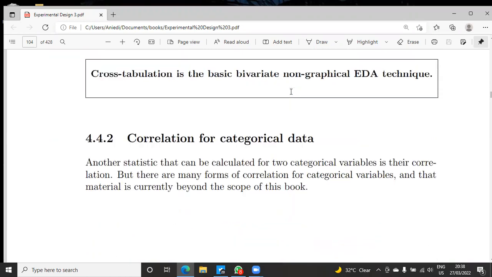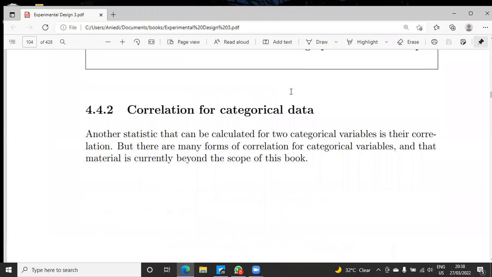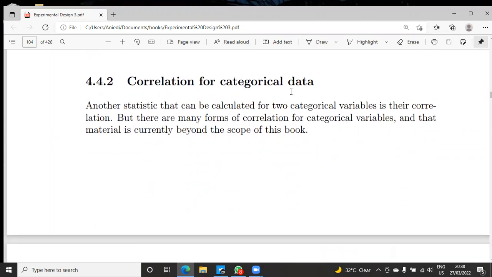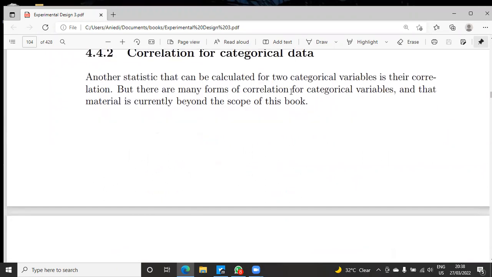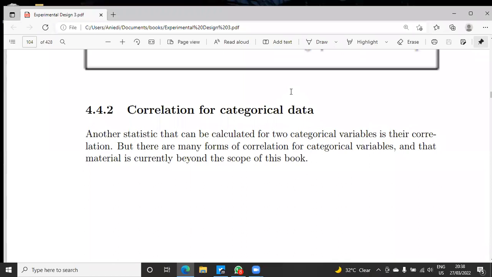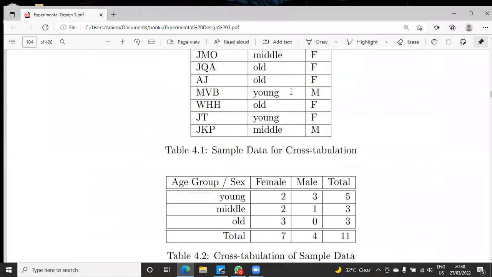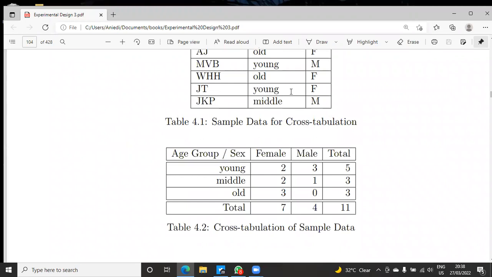So another form of presenting data in the multivariate is the categorical data presentation. Yes, this data that we just presented as male and female are categorical data. Young, middle, and old too are categorical data.